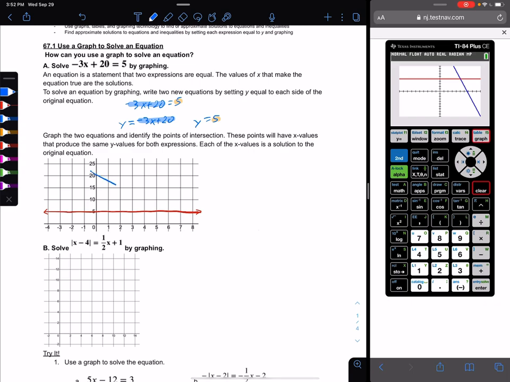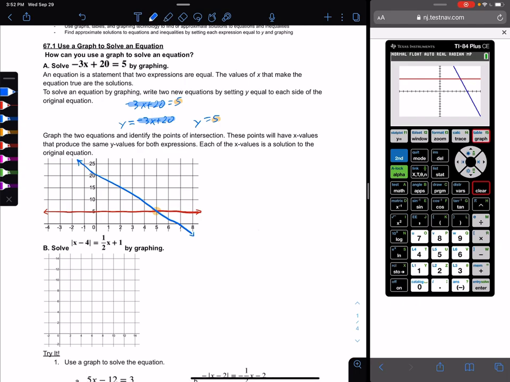It's going to cross somewhere like this, and as this lesson goes on in later videos, we'll spend a little more time on the graphing calculators and how to find the specific point where those two lines intersect. Right now, just take my word for it, those two lines are going to intersect at (5, 5).